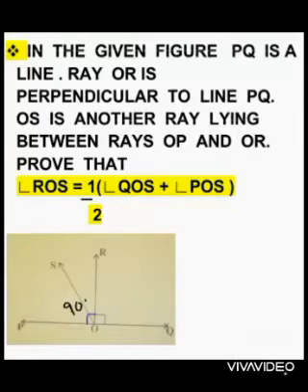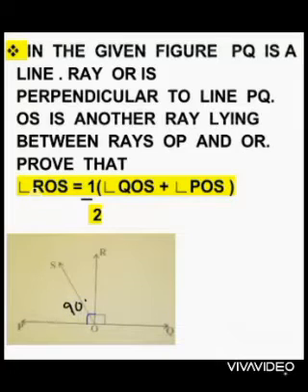So look at the figure, children. Here PQ is a line and ray OR is perpendicular to the line PQ. As ray OR is perpendicular to the line PQ, angle QOR will be equal to 90 degrees and angle POR also will be equal to 90 degrees.